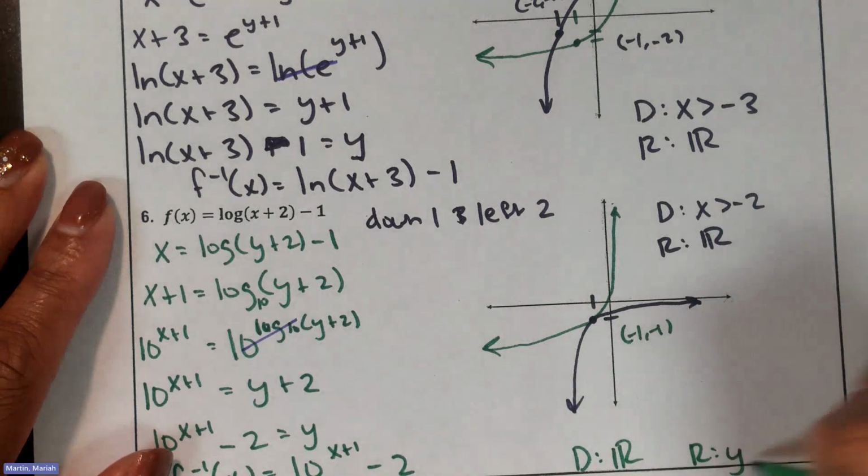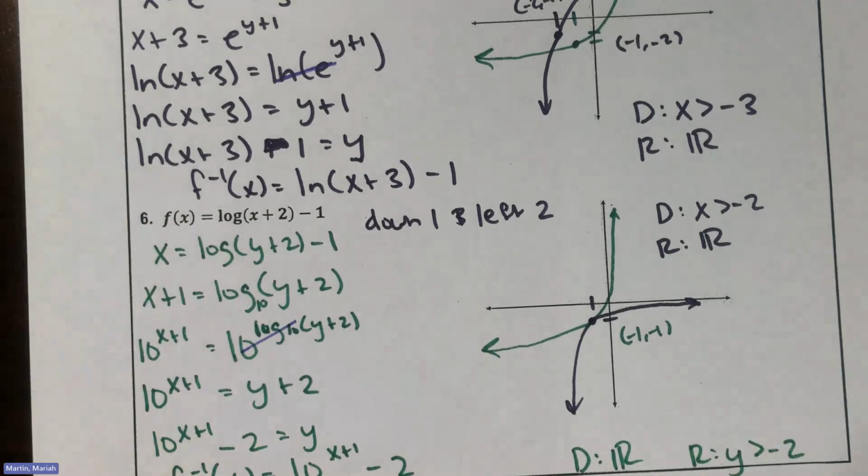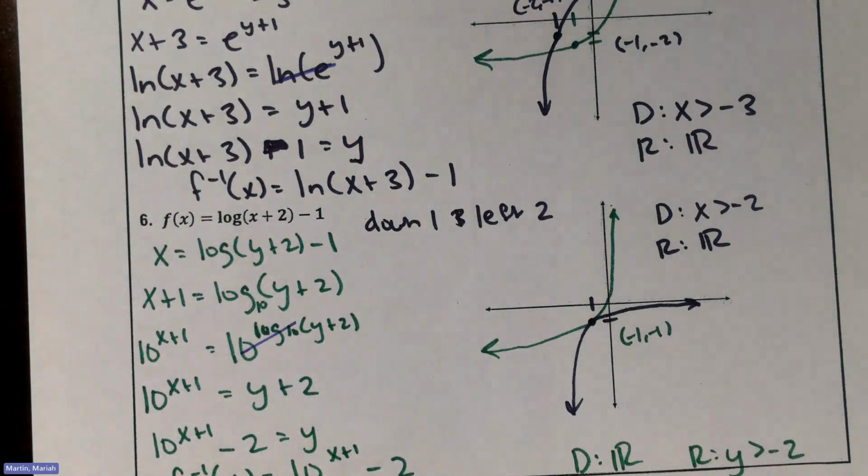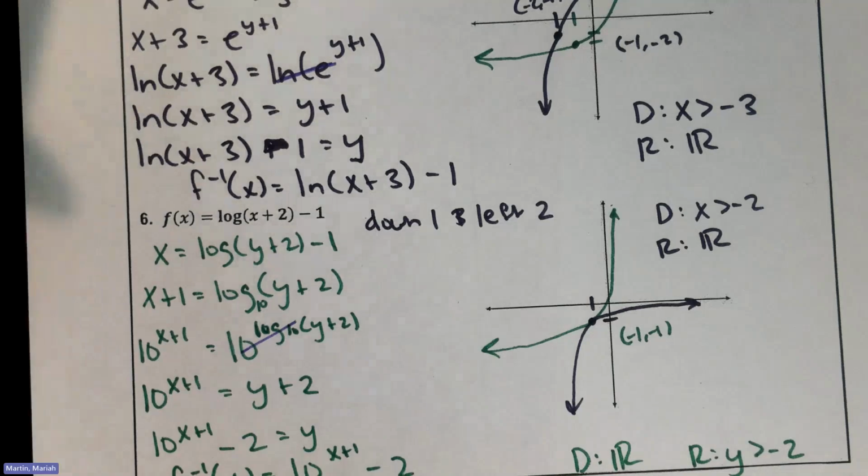And so it would be y is greater than -2. Now on the back side, we're going to do some more examples on taking the inverse of exponentials and logarithms, and then you'll be able to practice on your own.